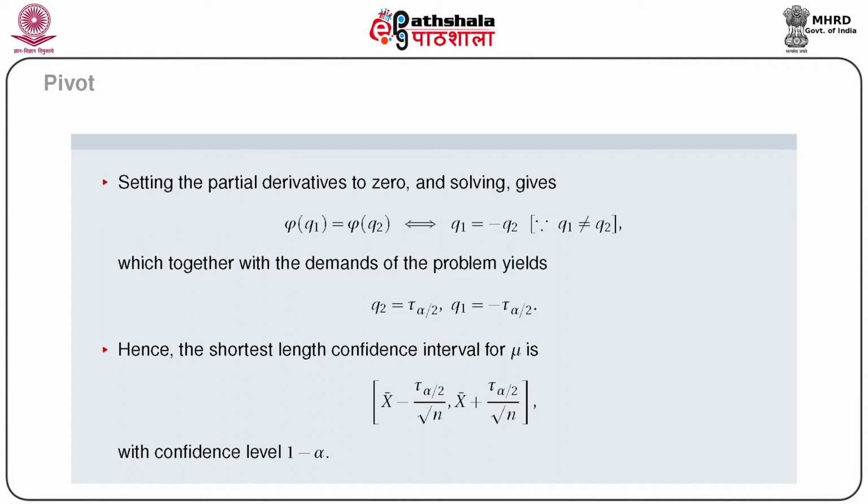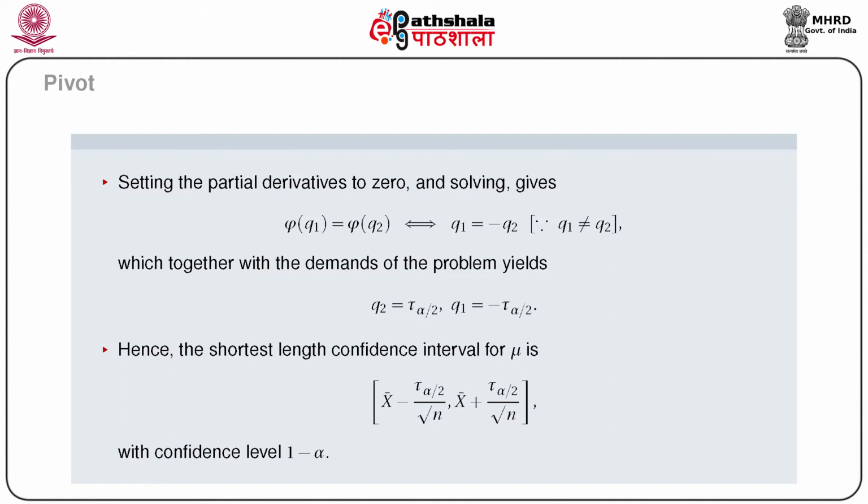Here small f_Z represents the PDF of Z. Also, the derivative of psi with respect to q2 equal to 0 implies 1 plus lambda times small f_Z(q2) equals 0. From these two equations, we get small f_Z(q1) is equal to small f_Z(q2).